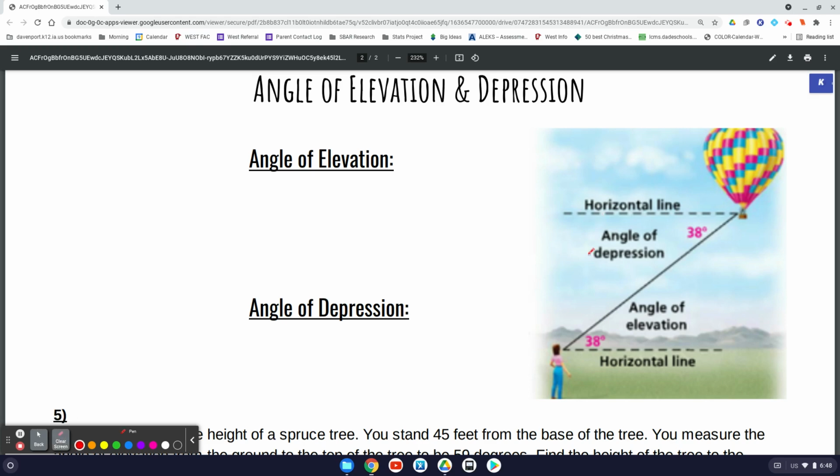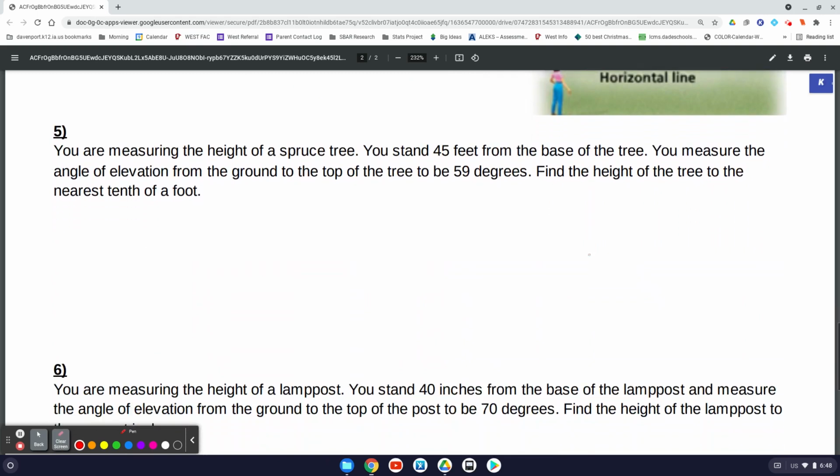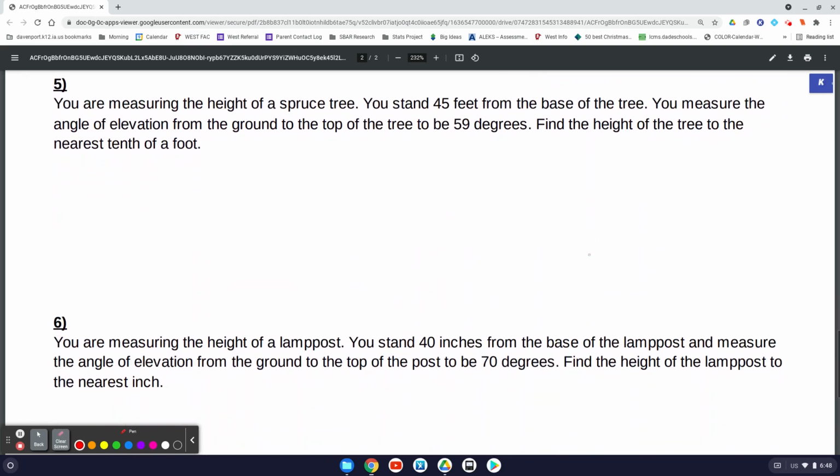So let's look at the first problem. You are measuring the height of a spruce tree. Well, let's draw the spruce tree. There's our tree. You stand 45 feet from the tree. So I know that the distance from the base of the tree to me is 45 feet.